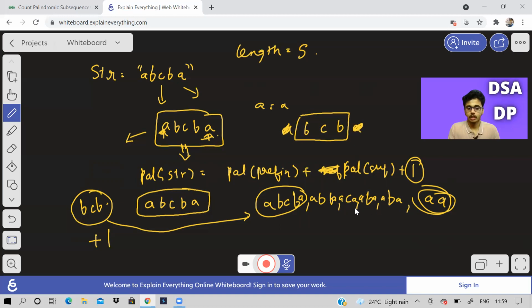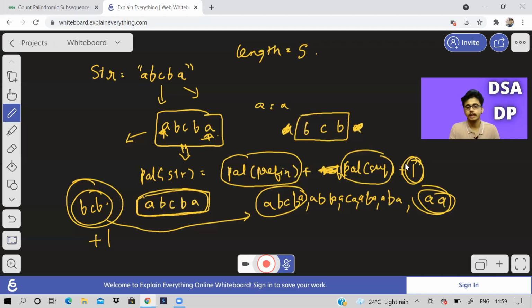Because we had to subtract this from our total answer, it is equivalent to adding 1. Because when we are subtracting this, we also have to add the case where these two are considered. So effectively we are adding 1 only. So if we find out how many are present in the prefix, how many in the suffix, and add 1, we will get the answer for our required palindrome.